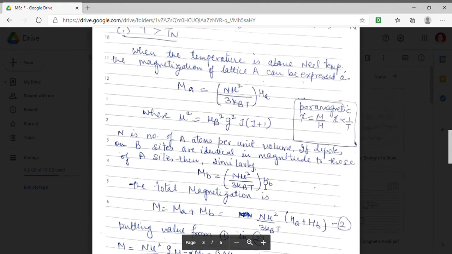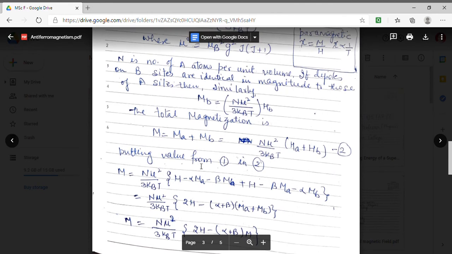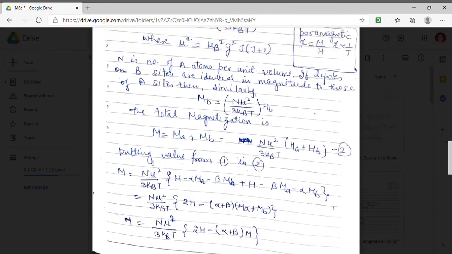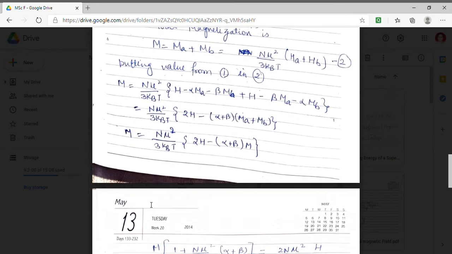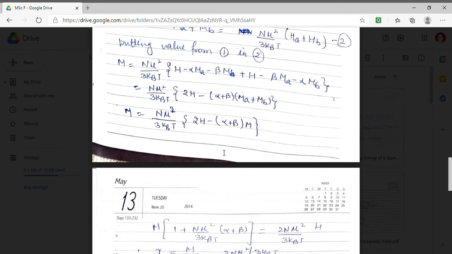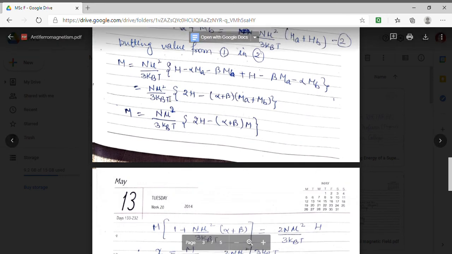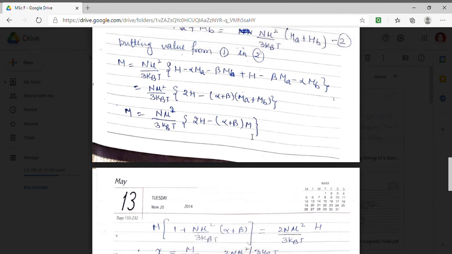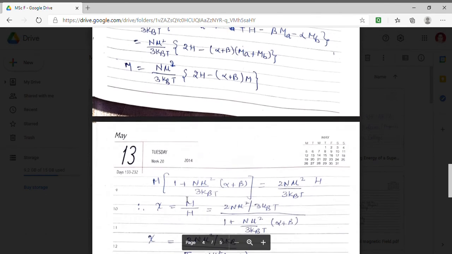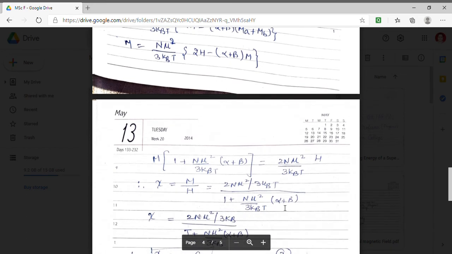Substituting these and solving, by taking the two terms of M together, I get my susceptibility, which is M by H, equal to 2 n mu square upon 3 kBT divided by 1 plus n mu square upon 3 kBT into alpha plus beta.